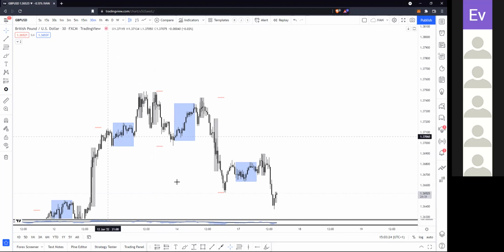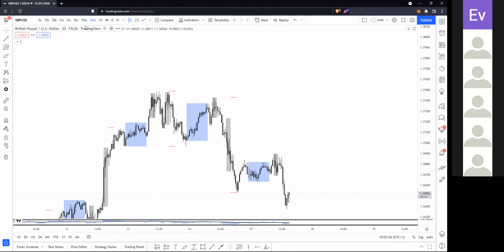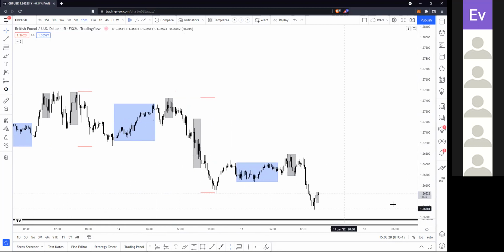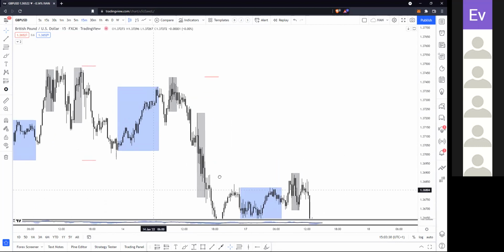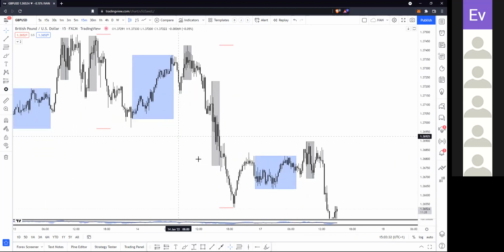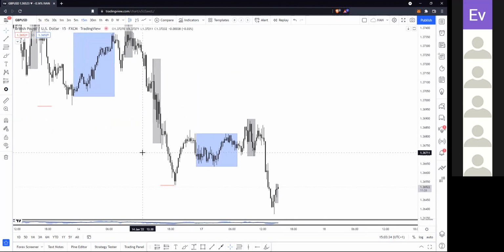Okay, those times are not set in stone, but you will see if you just follow the timing schematics, they are quite good. One thing I forgot to mention is Frankfurt. I don't know how many of you are familiar with Frankfurt. Loads of people think that London starts immediately after Asia session, which is not really true.